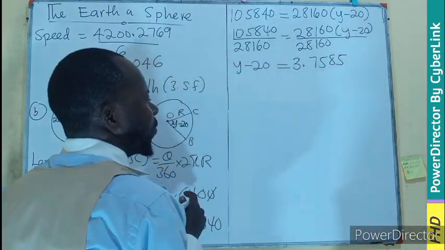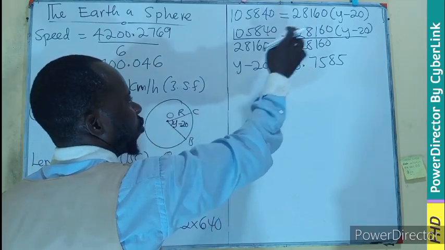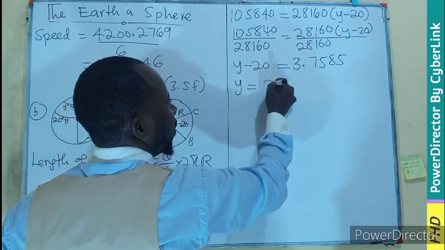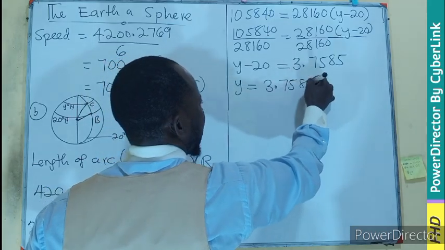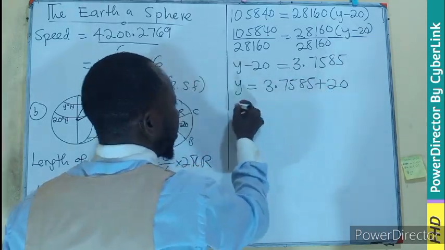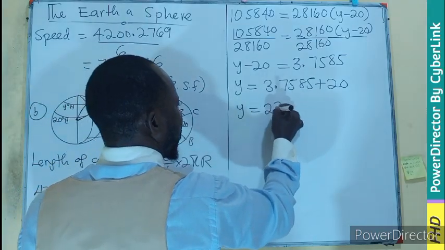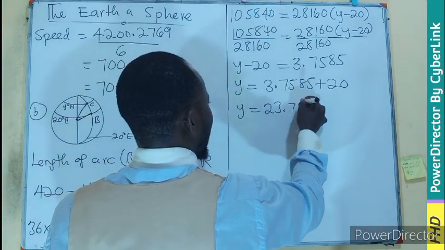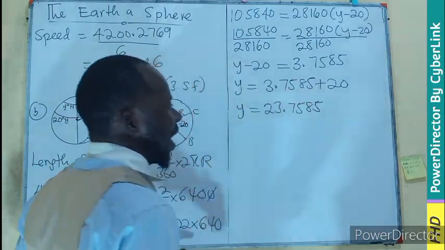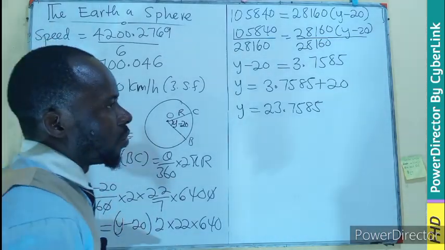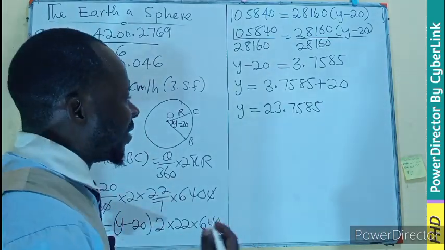3.7585. Don't forget, we are in need of the y, so we add 20 to both sides. So y equals 3.7585 plus 20, and that will be 23.7585. But what are we looking for? Let's say in the nearest degree.